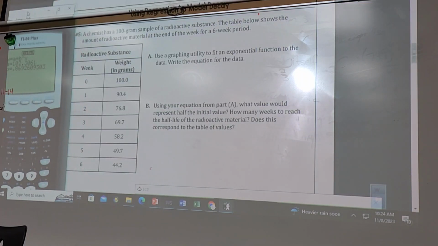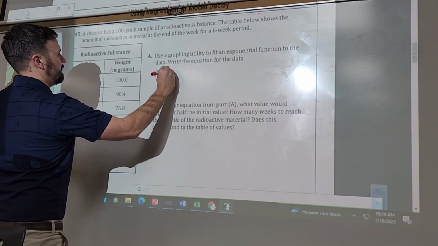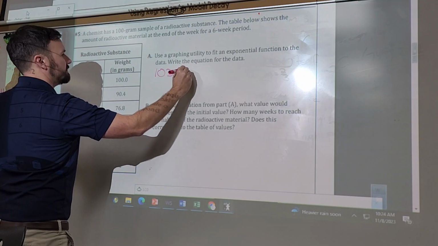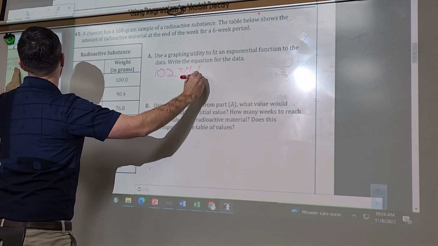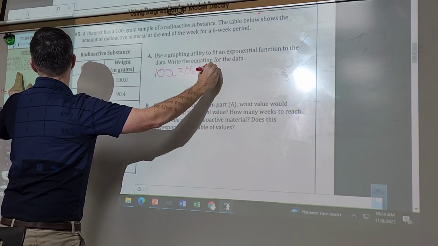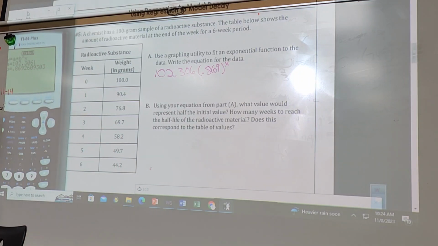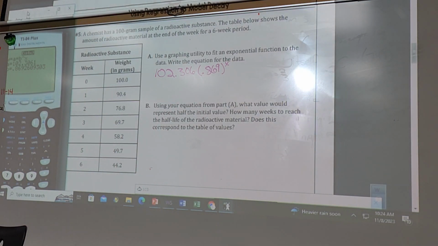Based on my calculator, do I have enough to give my equation? What's my A? What's my B? To the X. That wasn't too bad, was it? The calculator stuff is not difficult, but it is tedious.